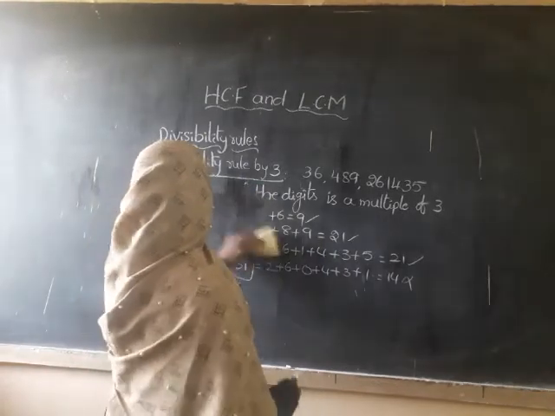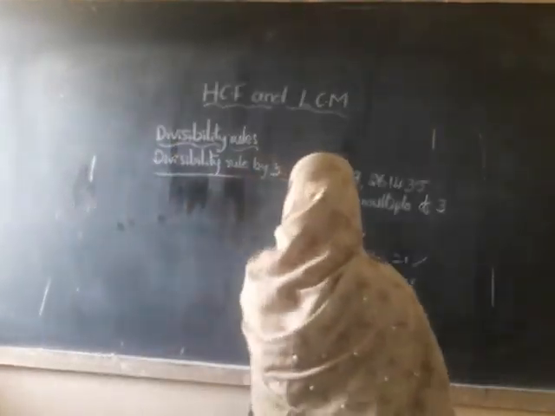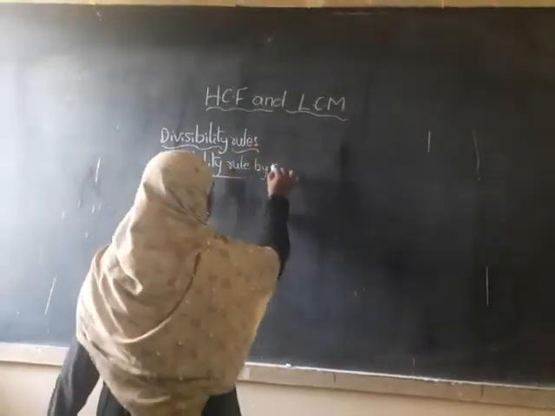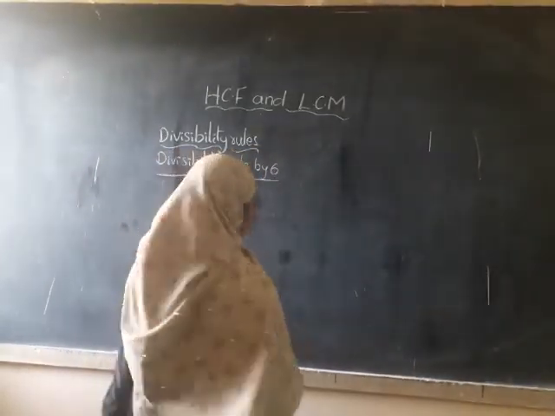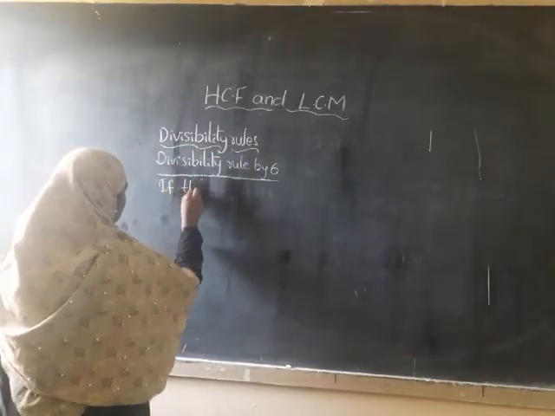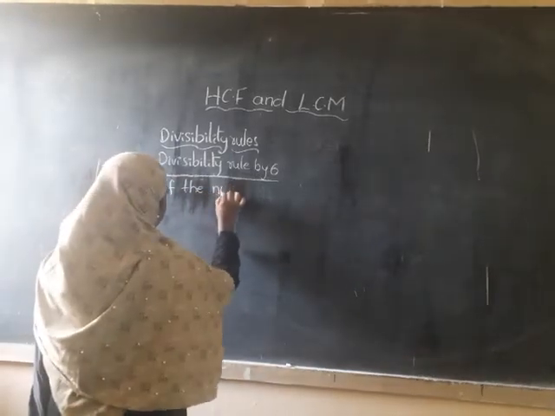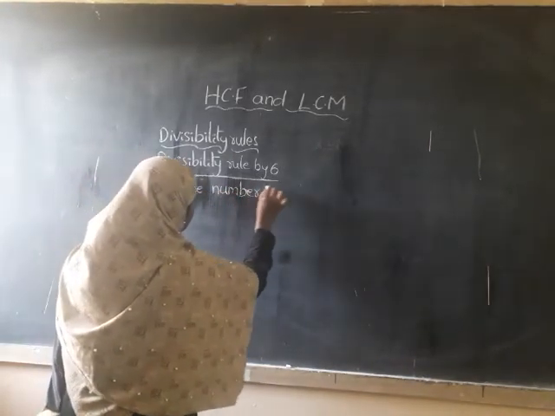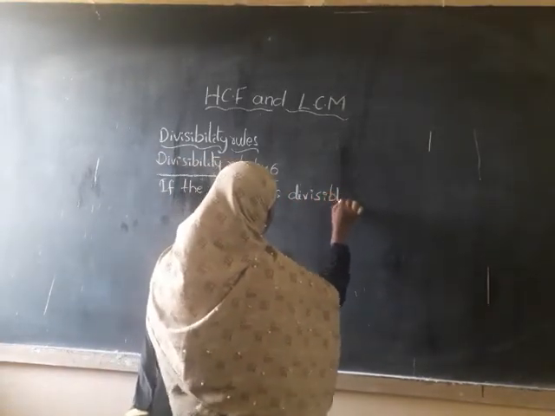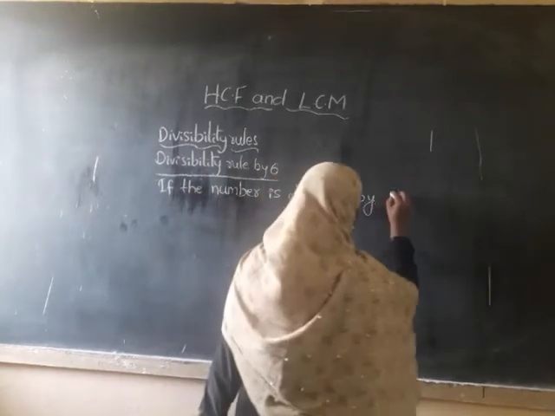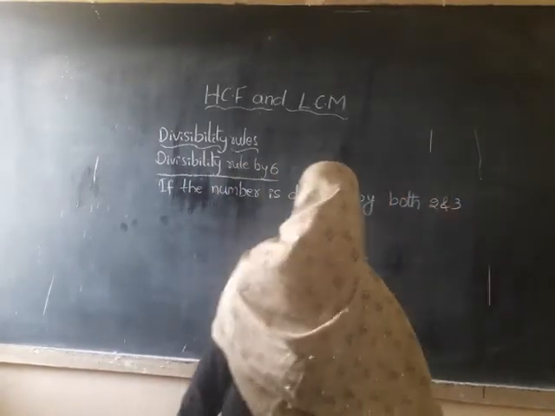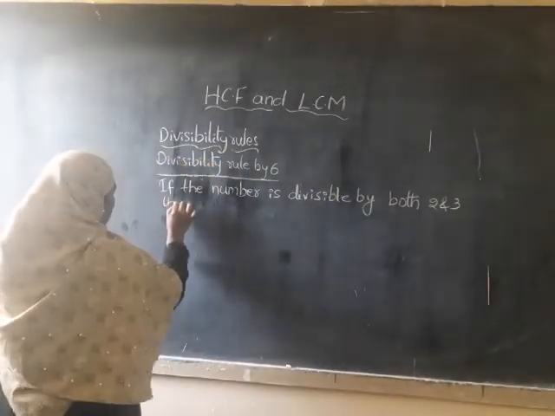Now, divisibility rule by 6. So the rule is, if the number is divisible by both 2 and 3, then that number is divisible by 6.